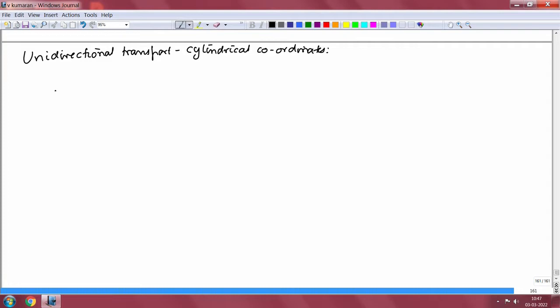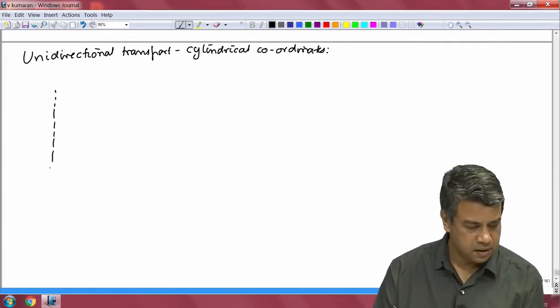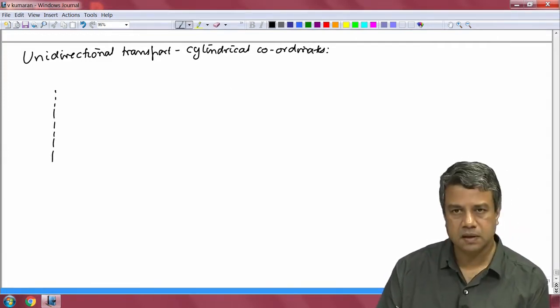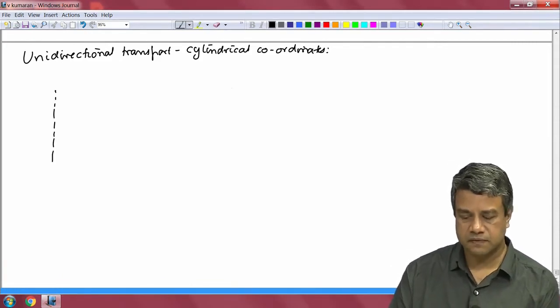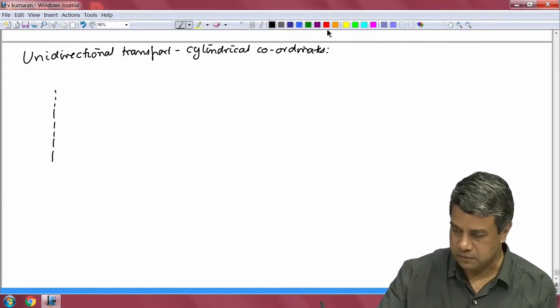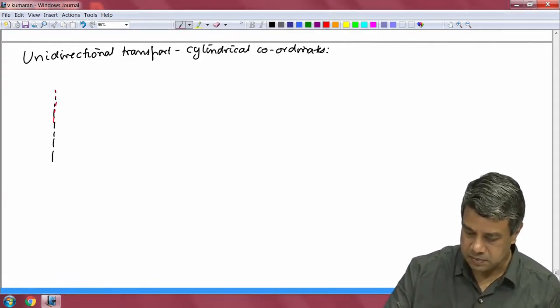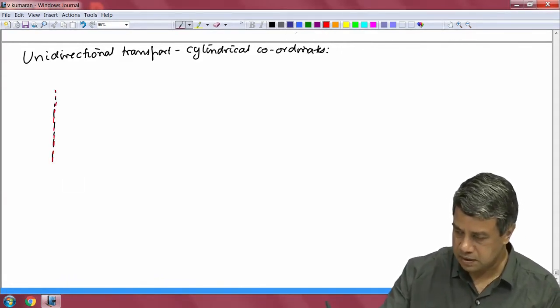In this particular case you have one axis around which the temperature or the velocity field is axisymmetric.